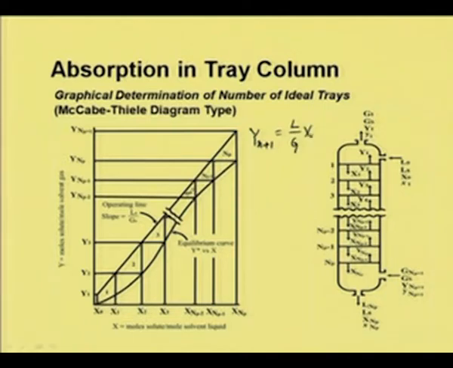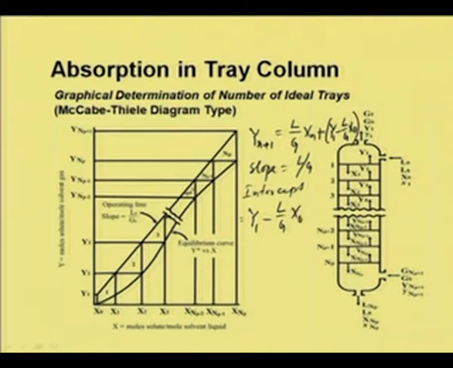So, we have the equation y n plus 1 is equal to L by G x n plus y 1 minus L by G x naught, and the slope is L by G, or Ls by Gs, and the intercept is y 1 minus L by G x naught.